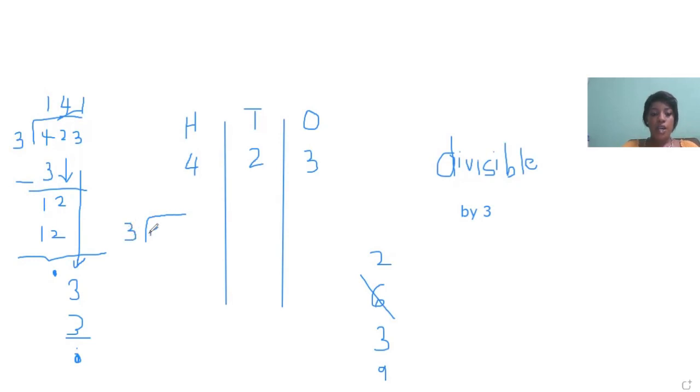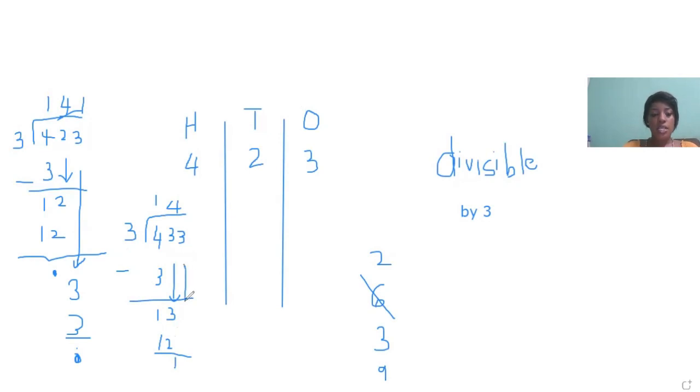3 into 4. 4, 3, 3. 3 into 4, 1. 1 three is 3. Subtract, bring down 3. 3 into 13, 4 times. 4 threes are 12, subtract, bring down.